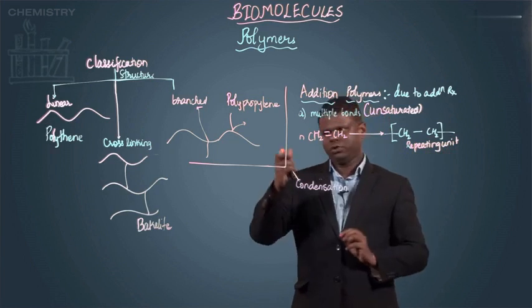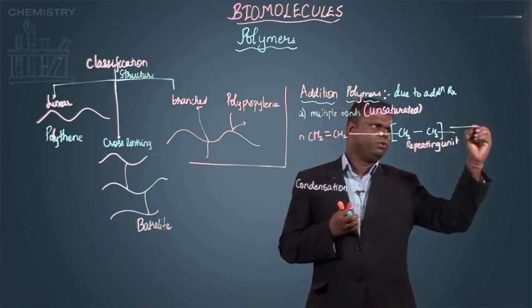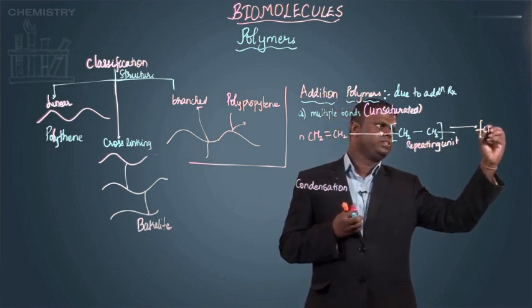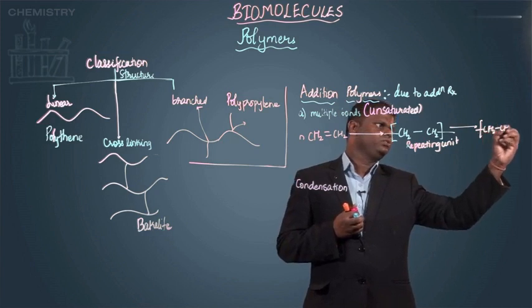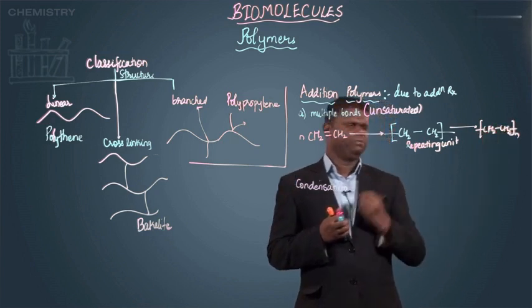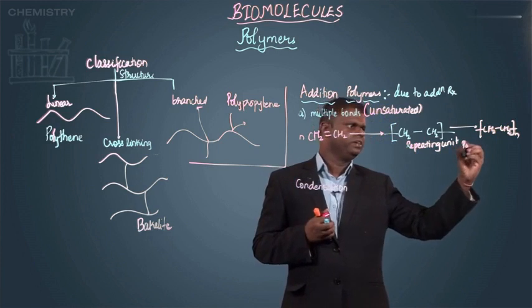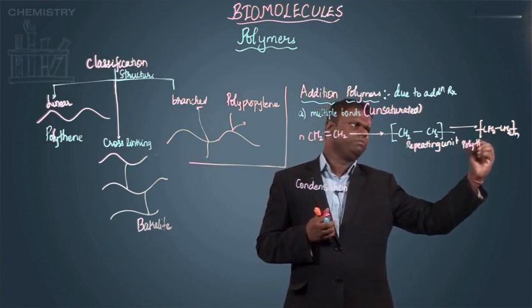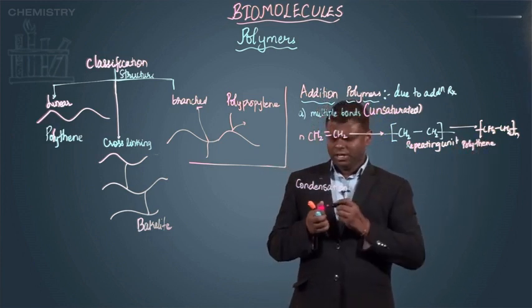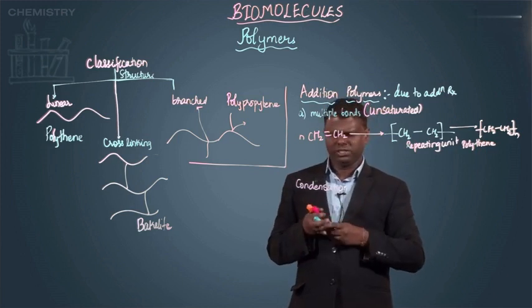Now let's draw the original polymer. I would draw it like this, CH2-CH2, n times. So this is nothing but polyethene, or you could simply call it polythene, right? We are going to discuss many other polymers like this.